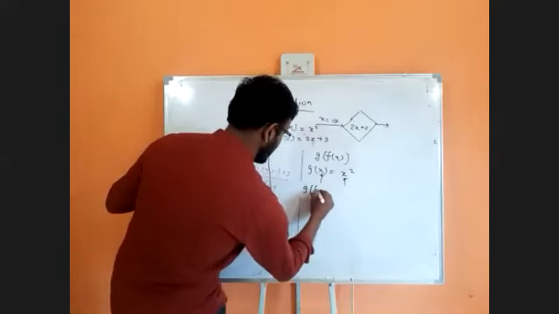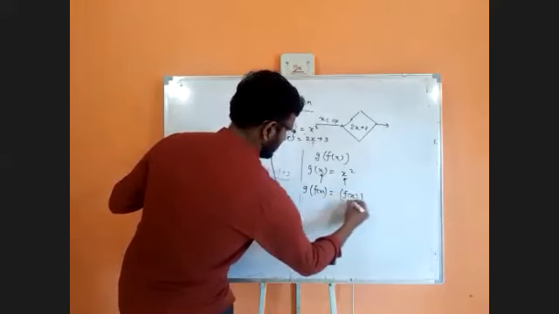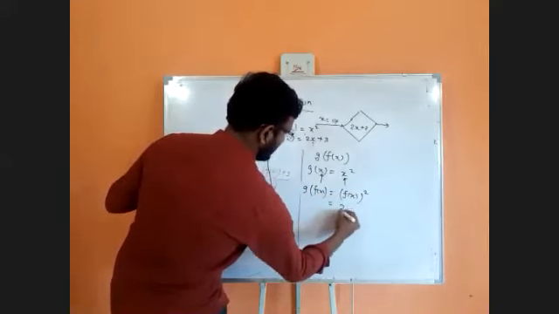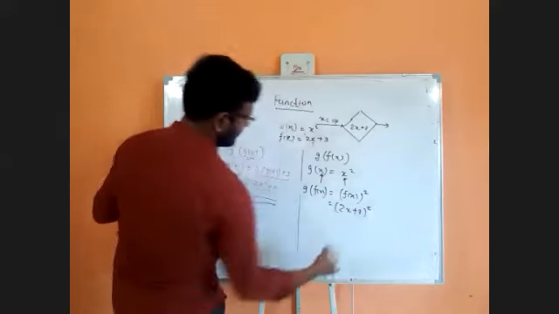So g of f of x will be equal to f of x whole square, and f of x is 2x plus 3. So it will be replaced by 2x plus 3 whole square.